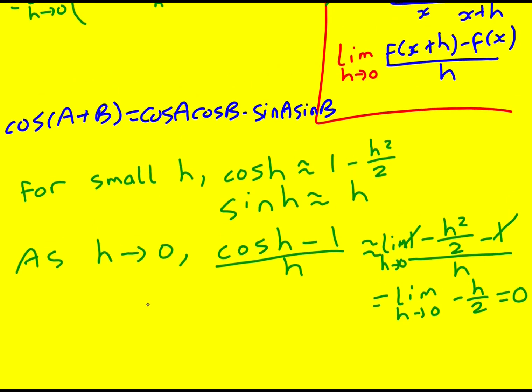You can literally just say as h tends to 0, (cos h minus 1) over h tends to 0. I do mean that it tends to 0, by the way, rather than equaling 0, but it's the same idea. And then in a similar way, sin h over h, which is in our second term, is therefore going to tend to h over h, which is 1.